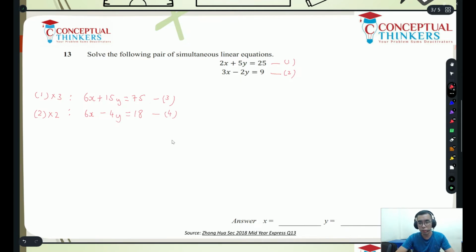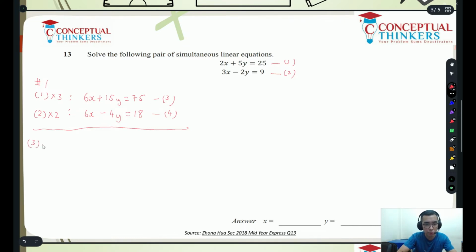Now I'm going to use the elimination method here. I'm going to look at these two equations and use either addition or subtraction. Since the common term is 6x and both are positive, I'm going to use subtraction. I use the bigger number minus the smaller number for easy calculation.